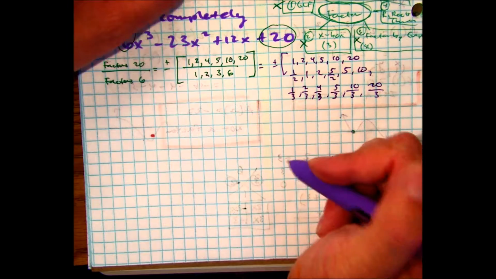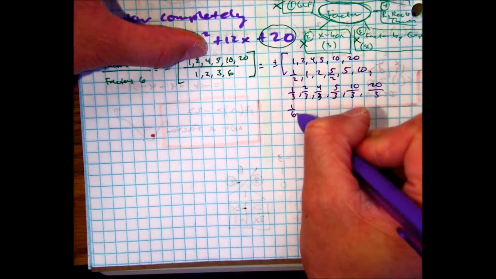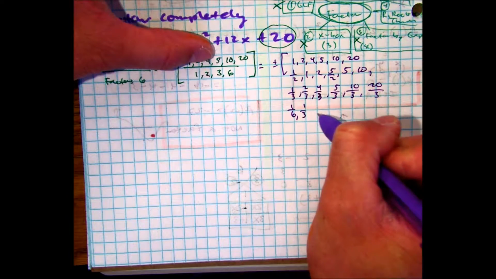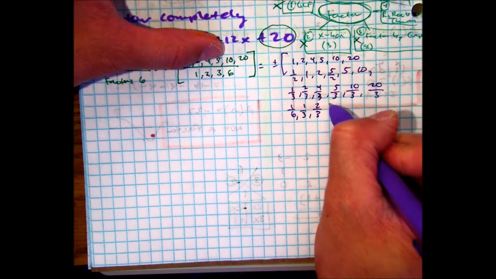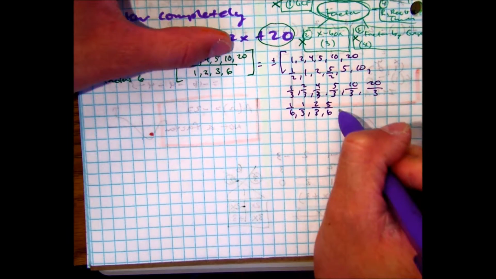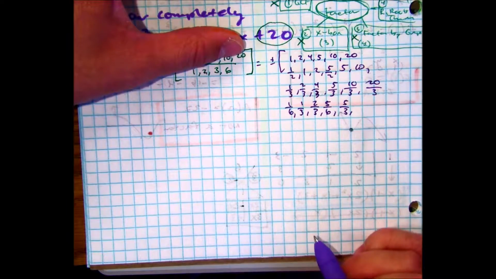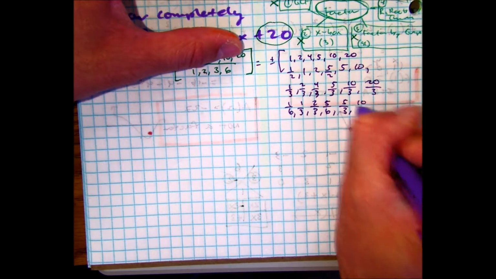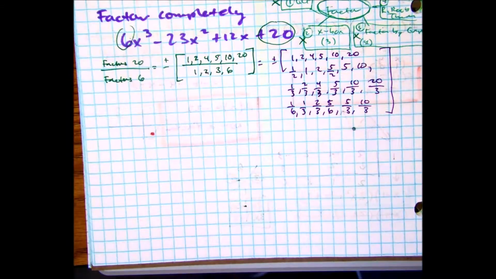And the last one, over 6. 1/6. 2 over 6 is 1/3. 4 over 6 is 2/3. 5 over 6. 10 over 6 is 5/3. 20 over 6 is 10/3. Ooh-wee. That's a lot of them, right?